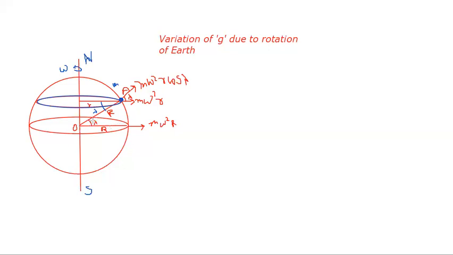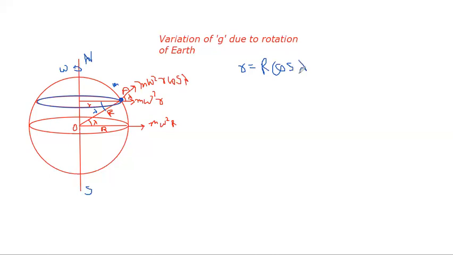Since it is at a latitude of lambda, from this diagram you can see if this angle is lambda, then this angle is also lambda because of alternate angles, and this line is capital R, which is the radius of the Earth, and this is small r. From the geometry, we can write that small r is equal to capital R cos lambda.